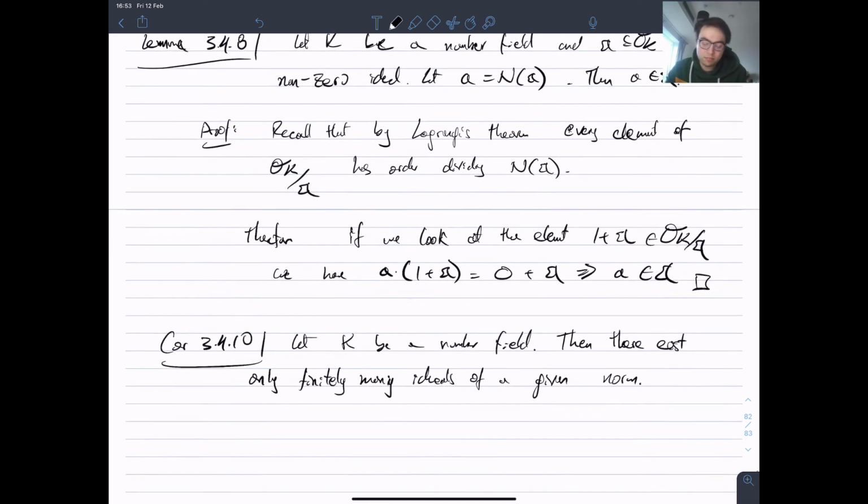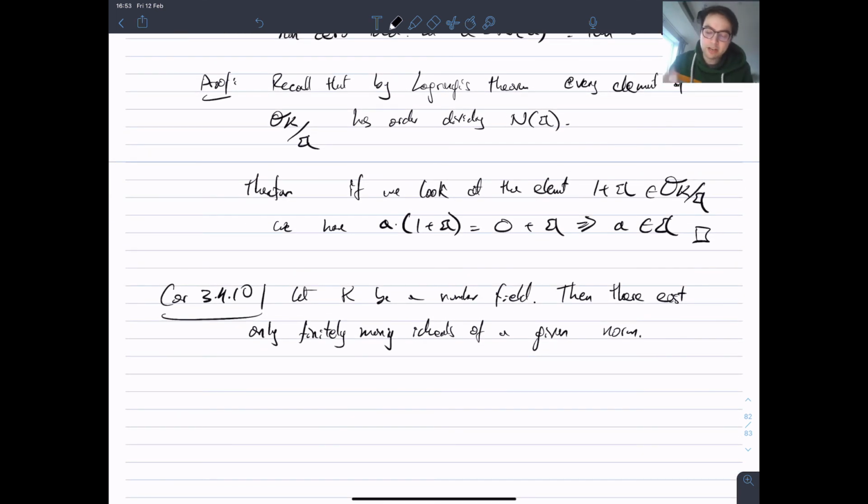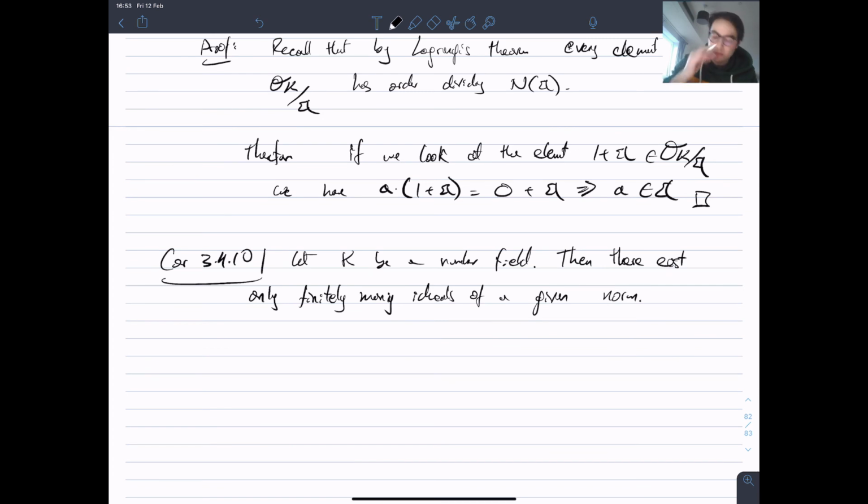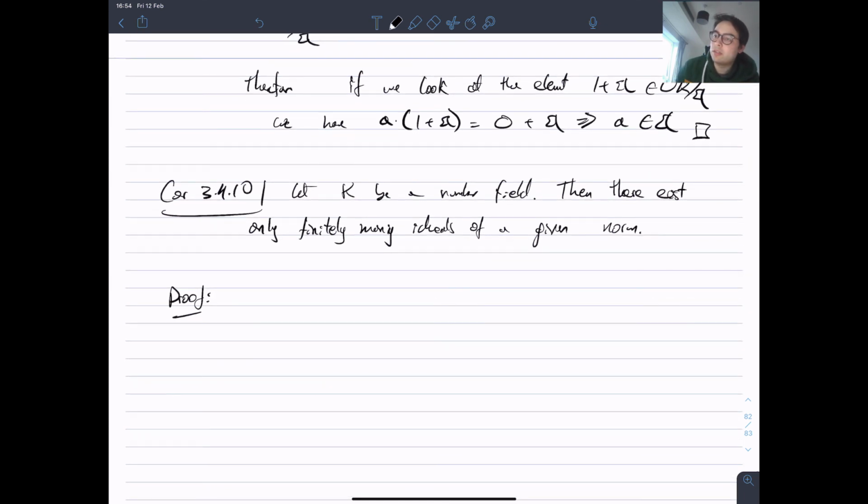So there will only ever be some finite number of ideals of norm 2 or 4 or 5, whatever. This is going to be used heavily when we try to study this group of ideals that we've constructed. The fact that there are only finitely many of any size is really useful.